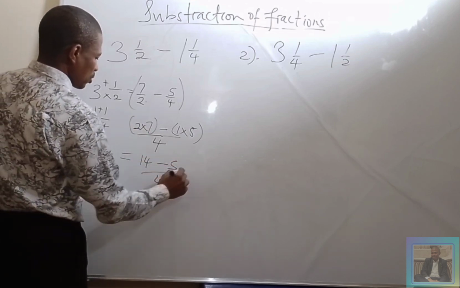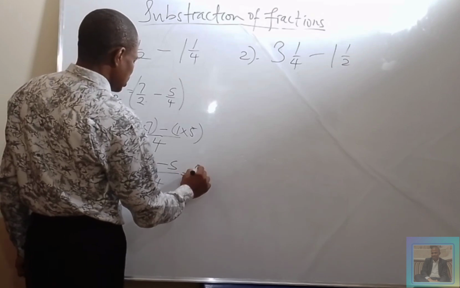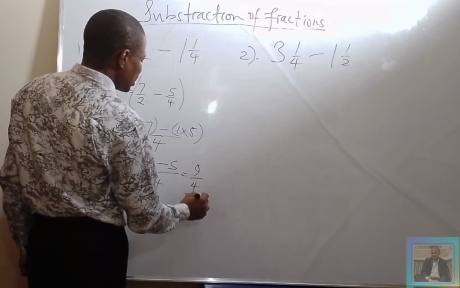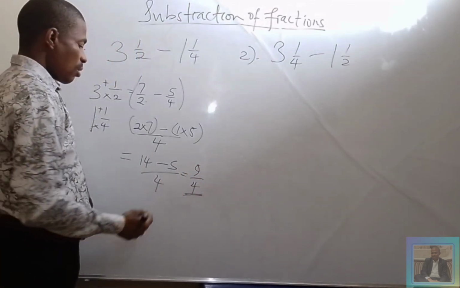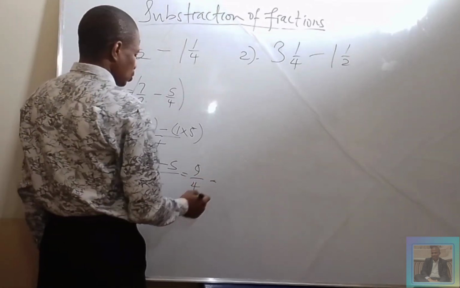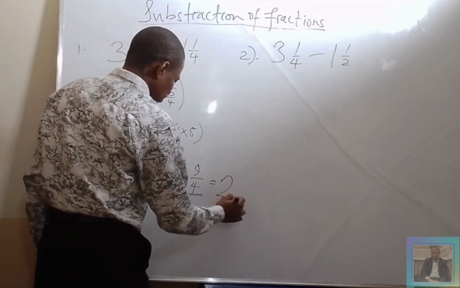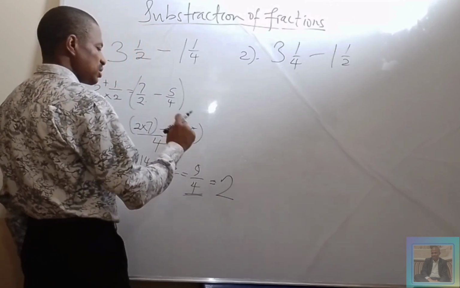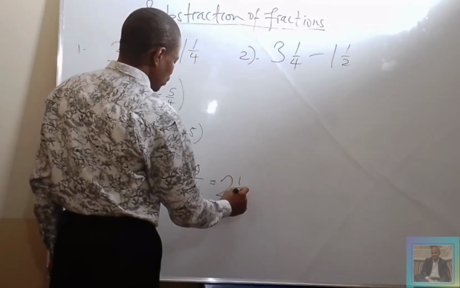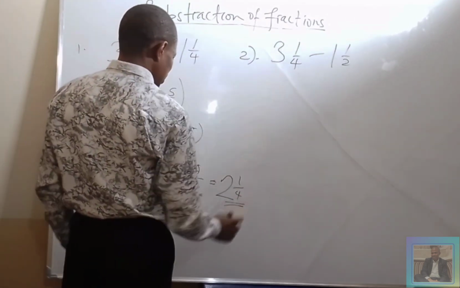What does this give us? It gives us 9 over 4. We can leave the answer this way, or we can change it to a mixed fraction. How many 4s do we have in 9? 2, that's 8. 9 take away 8 is 1. That's 1 and 1 over 4.